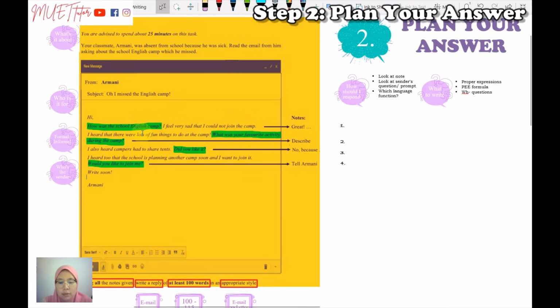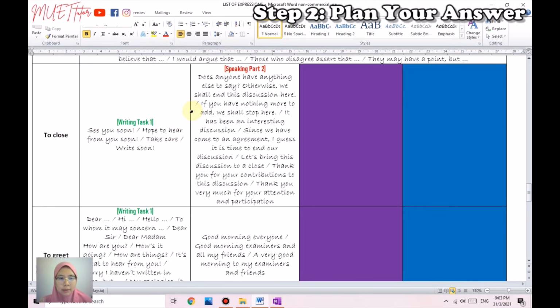Then you can know that you should describe the event, the camp, in a positive and excited manner. Great. By the way, these side notes tell you to demonstrate certain language functions. Like for example here, this is my list of expressions.